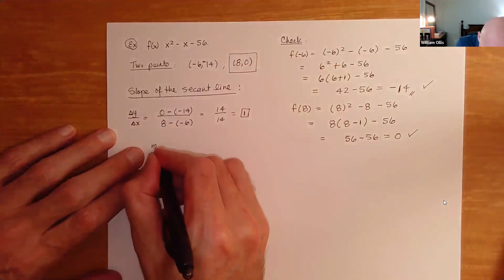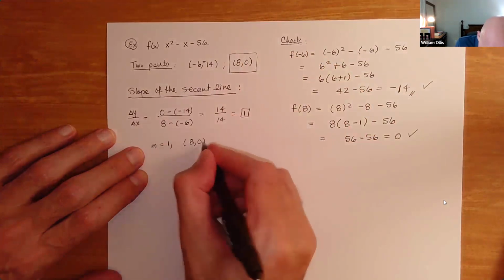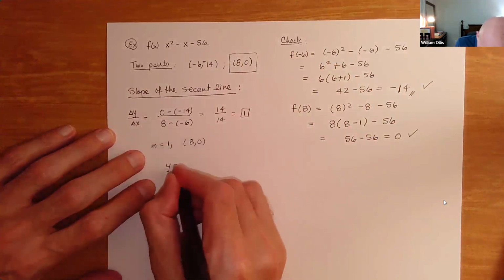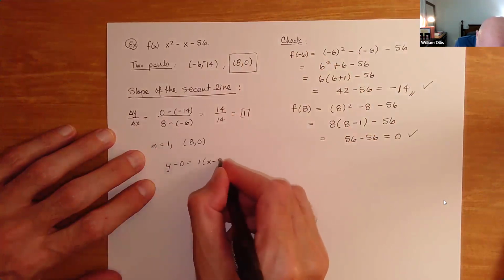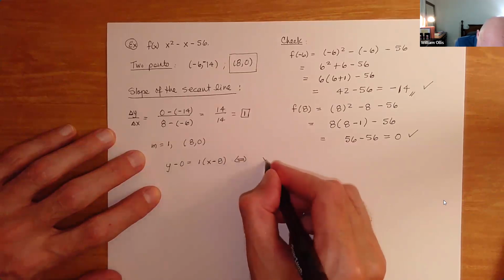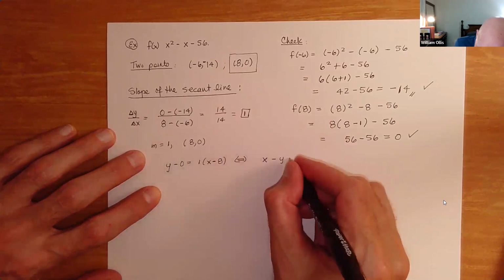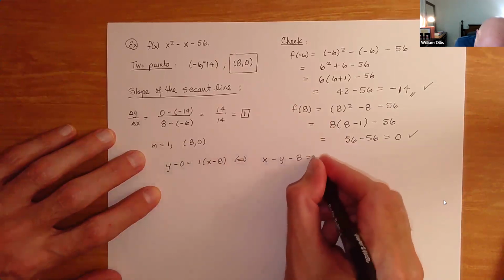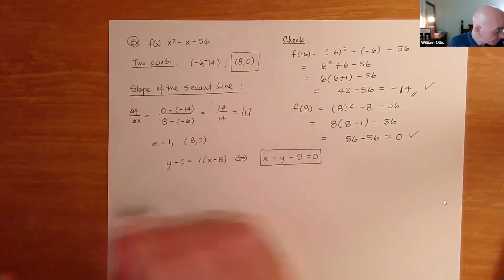So we have a slope of 1, and we have a point of 8, 0. So we have y minus 0 equals 1 times x minus 8, the easiest numbers in the world, of course. So we have x minus y minus 8 equal to 0. So that's the equation of our secant line.